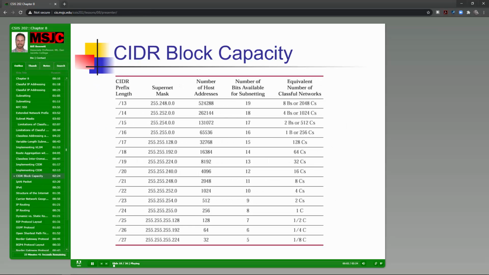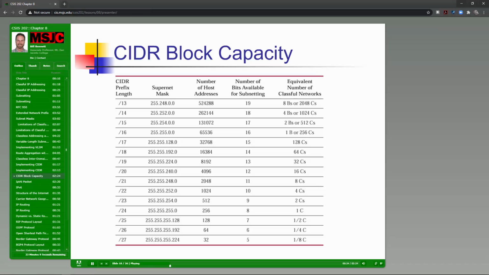This table here is something that would be a good reference. You can look it up to identify the mask value, the number of host addresses it allows for, the number of bits available for subnetting, and the equivalent number of classful networks, which really doesn't apply since you're not going to concern yourself with classful networks anyway, unless at the lower levels maybe you had an older router that only supported RIP or something like that.